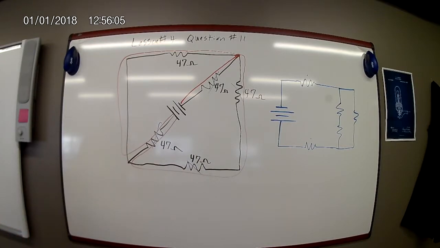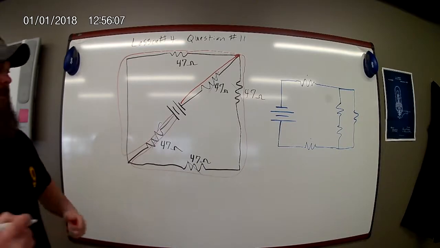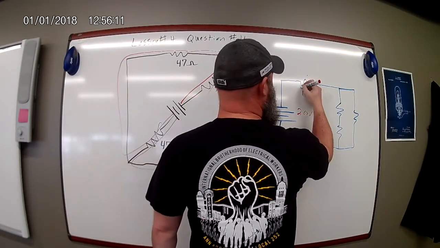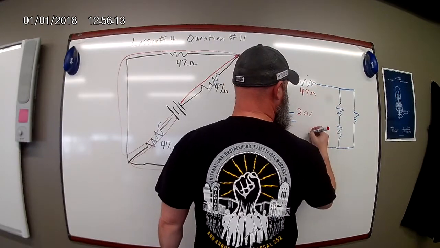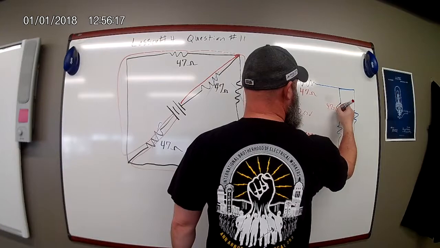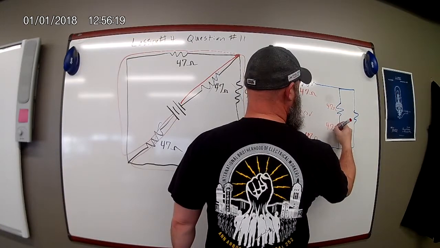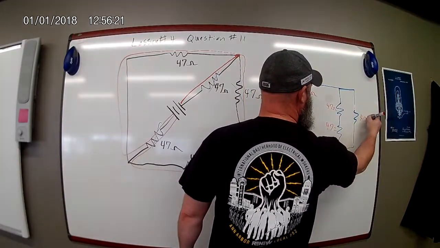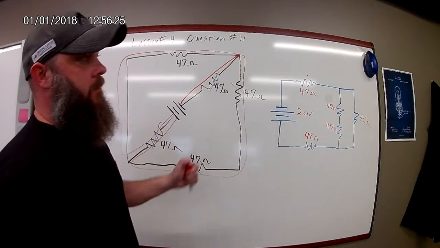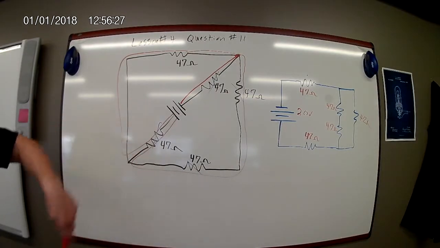So let's throw some values in here. We know that this is 20 volts. 47 ohms. Pretty straightforward with all that. So we know that we can start jamming some of these together and just start working out some of the math, right?